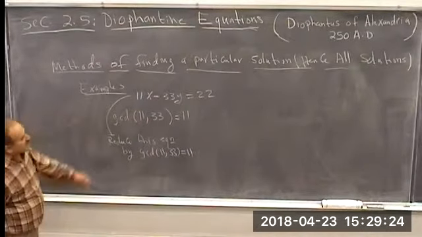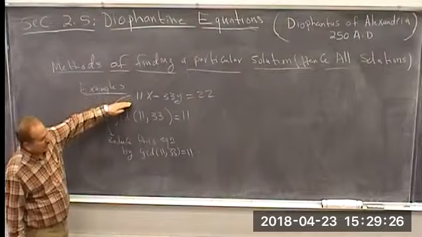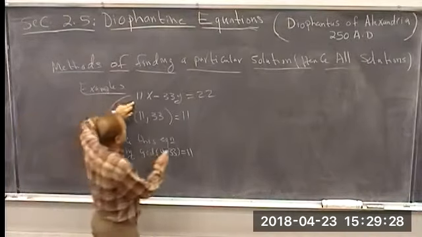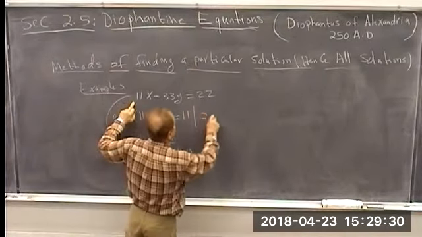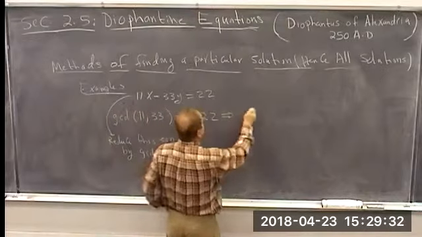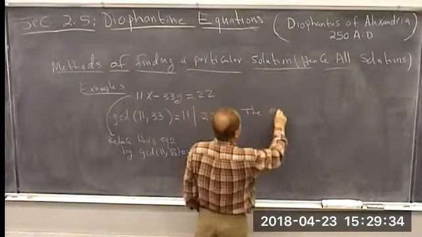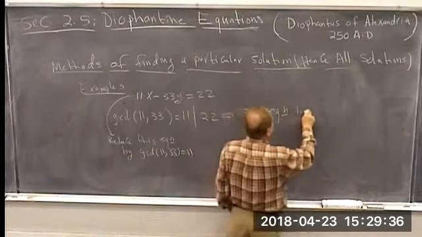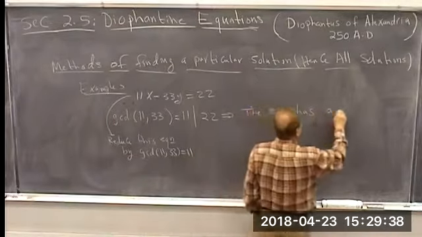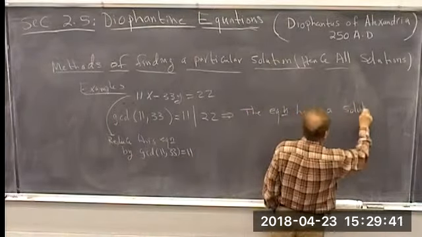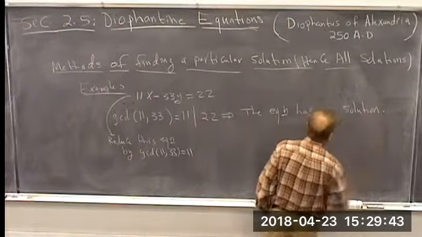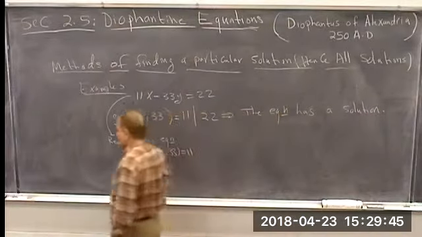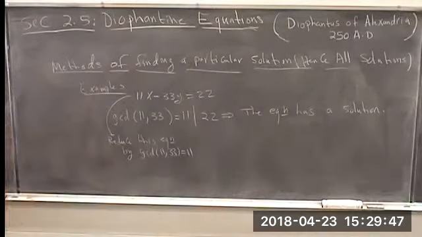Because we know that 11 divides 22, this implies that the equation has a solution, at least one. And then we know it's going to have infinitely many. All right.